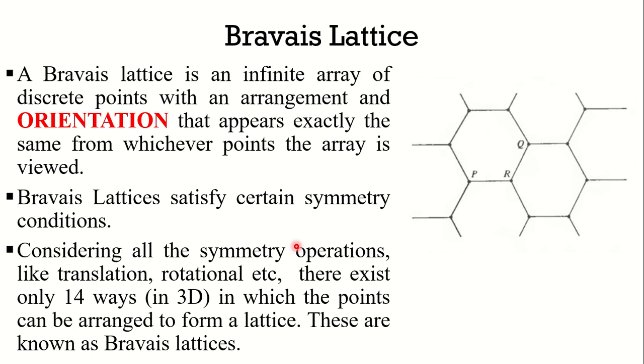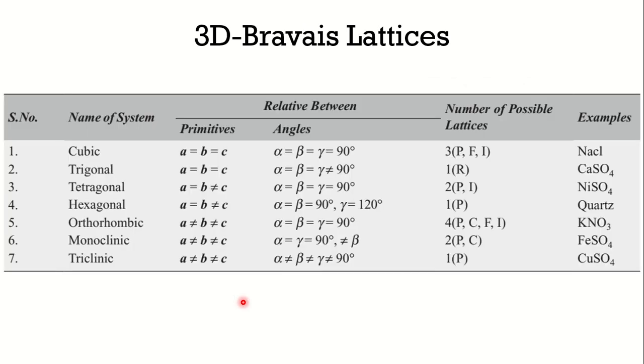These are known as Bravais lattices. So in 3 dimensions there are only 14 ways in which geometrical points can be arranged so that they look similar when viewed from any point, their orientation also remains the same, and they satisfy certain symmetry conditions. This is the definition of Bravais lattice.